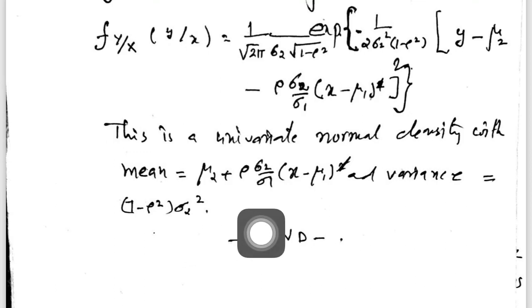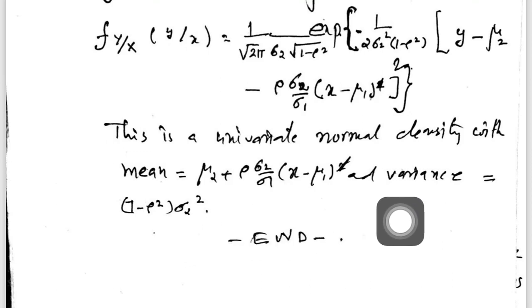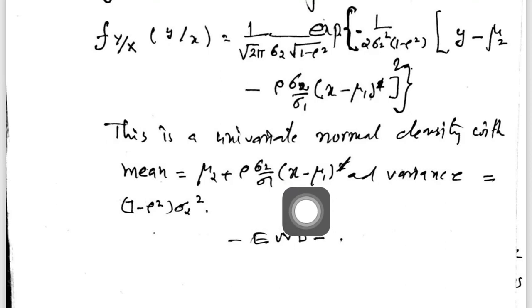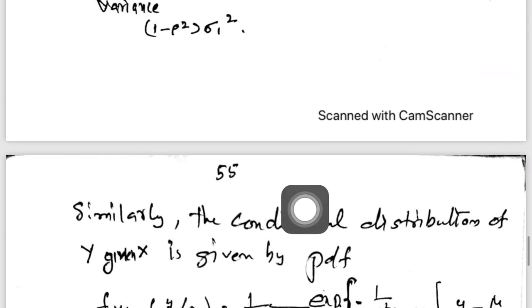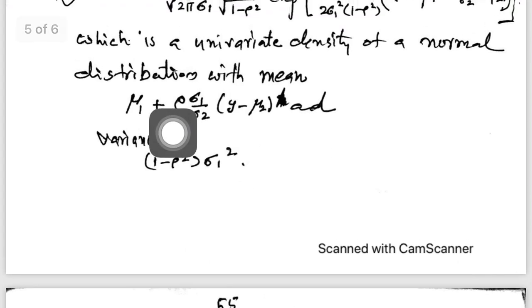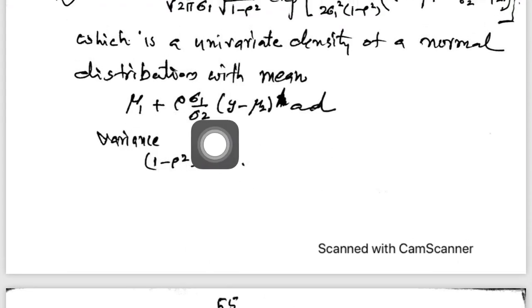Now you see here, in these final results, the mean is in terms of the given y. Because here you are finding the conditional distribution of x when y is given, so naturally that mean may be in terms of the given value of y.